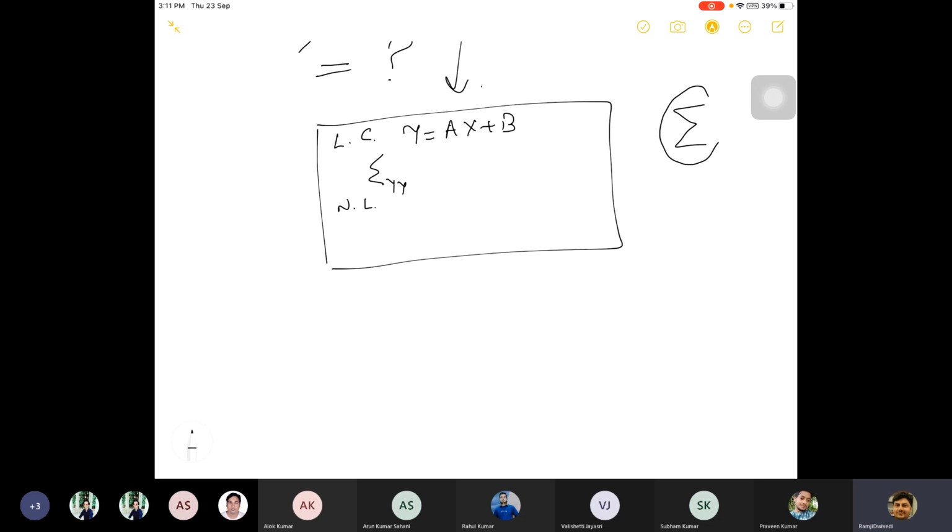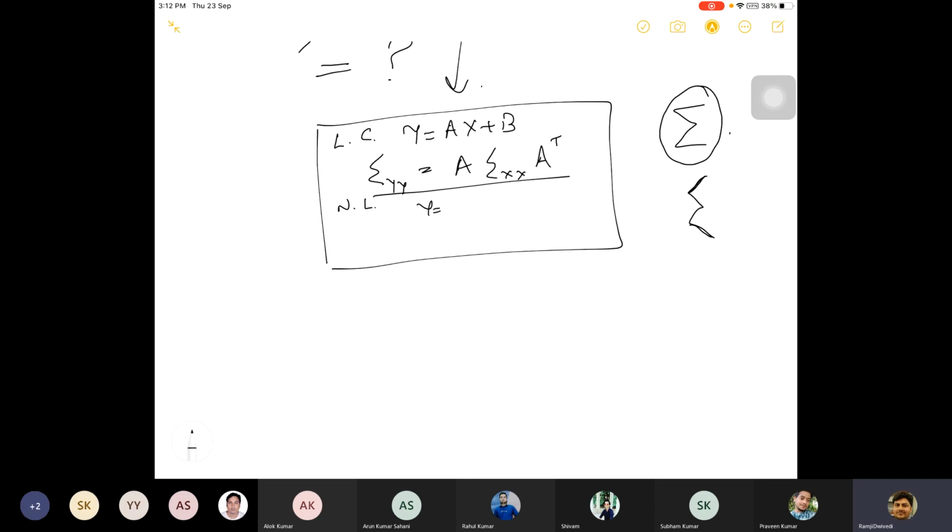The difference is that this is a summation notation, and the one with the top two bars a little inclined becomes the variance-covariance matrix notation. This is a standard protocol. So sigma yy equals A sigma xx A transpose. That's the error propagation for the linear case.